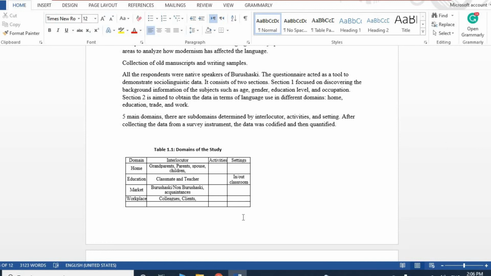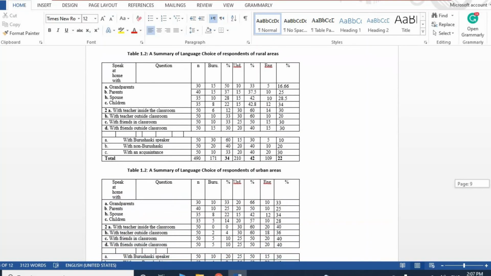And so the domains of my study: home, education, and we will see different age groups as well, grandparents. So the speaking of the new generation, or how they communicate with different age groups such as their grandparents, parents, children, class fellows, right, colleagues. So this is the percentage, right, summary of language choice of respondents of rural areas.